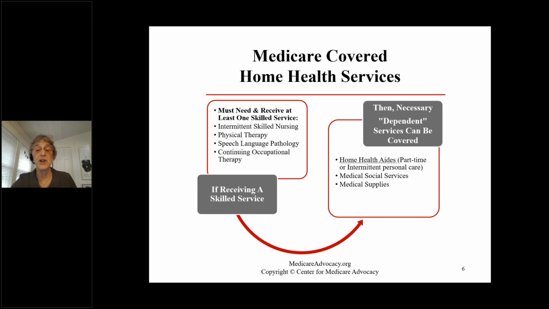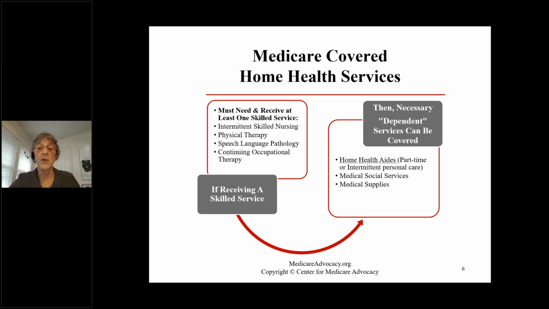If the individual is receiving skilled services, nursing, physical therapy, speech language pathology, then the individual can receive what's known as dependent services. That is, they depend on the receipt first of skilled services.